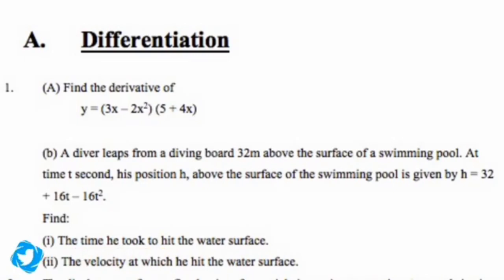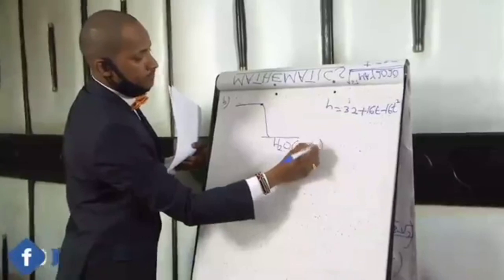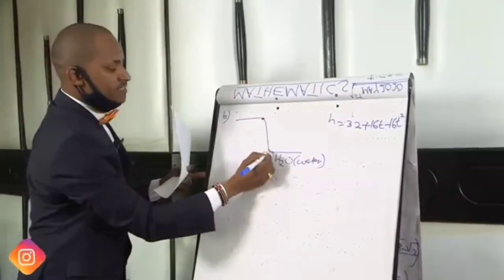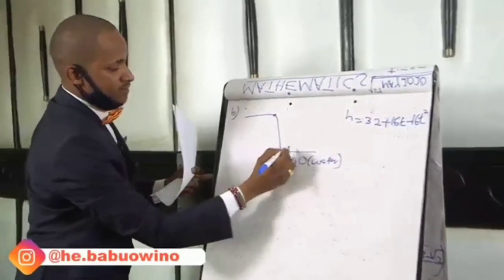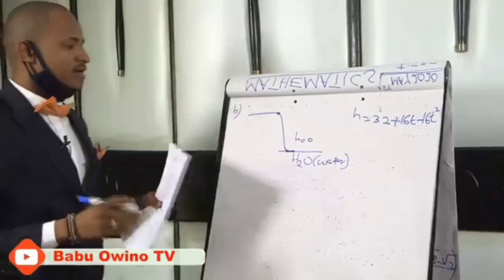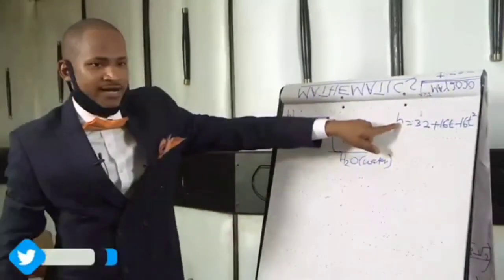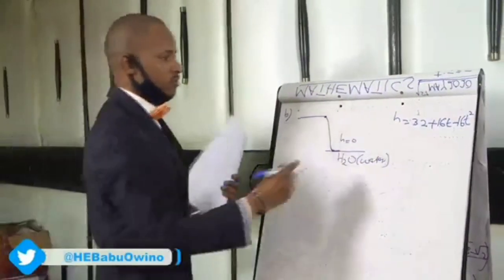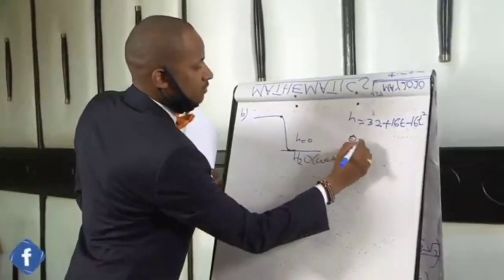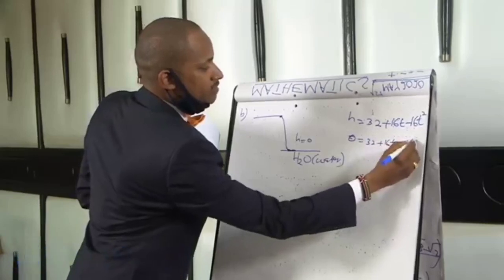So when the diver dives from here, hits the water surface, if this is water, at the water surface, height is 0. Therefore, if they want the time taken for the diver to hit the water surface, we replace the height with 0. So here is 0 equals 32 plus 16t minus 16t squared.